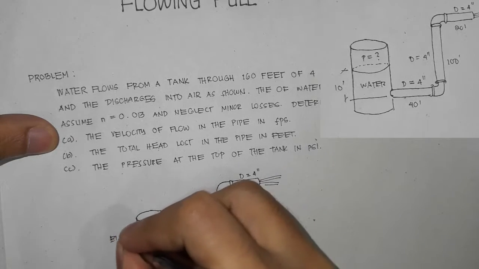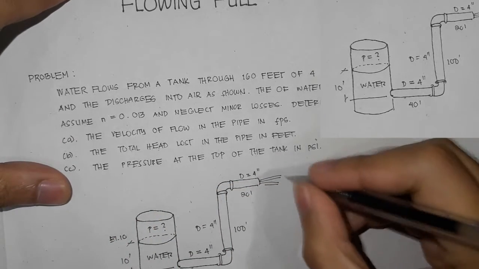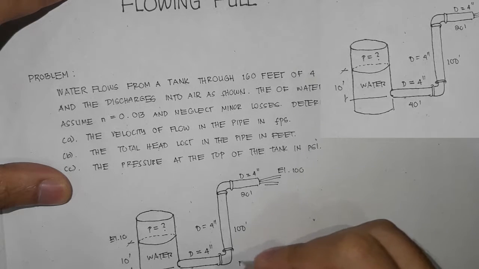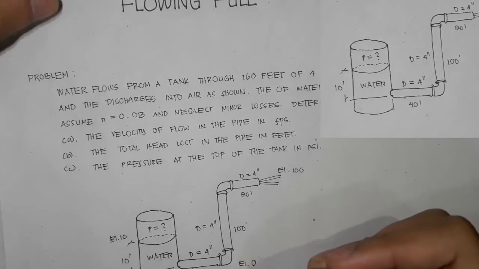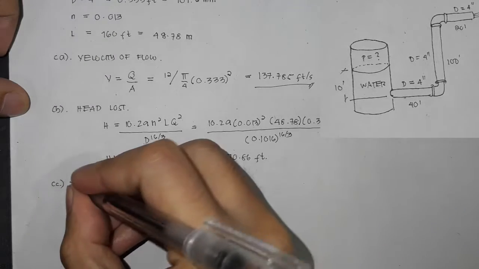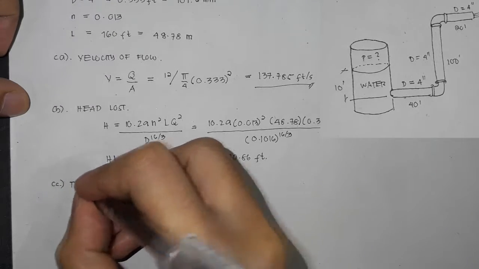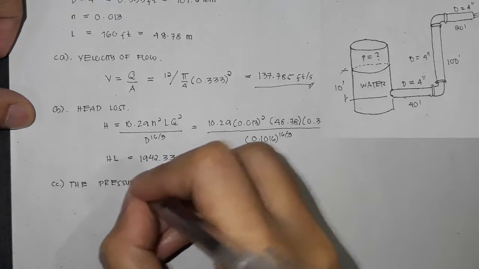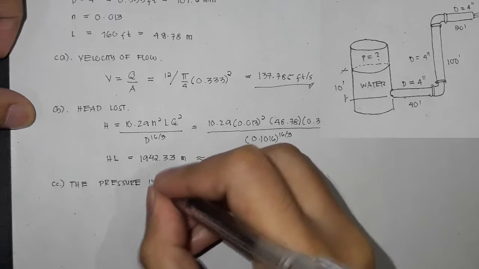Since the elevation is given, make the center line of the pipe the datum line. The third thing we need to determine is the pressure above the water surface at the elevation head of 10 feet.